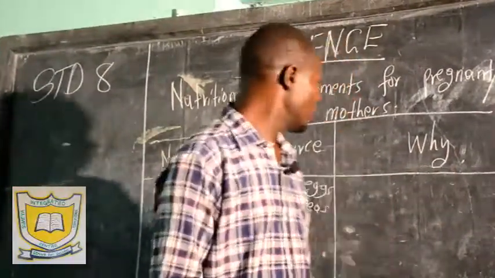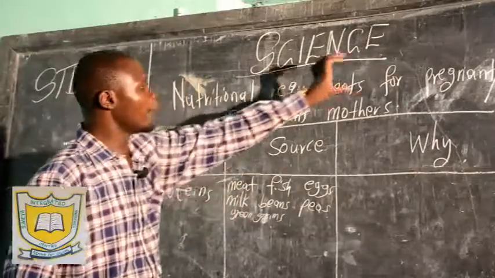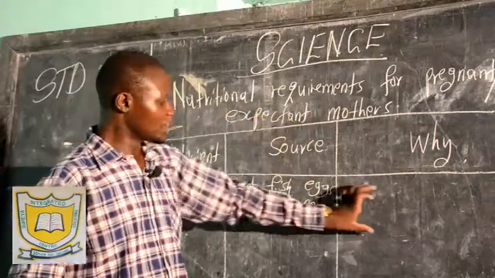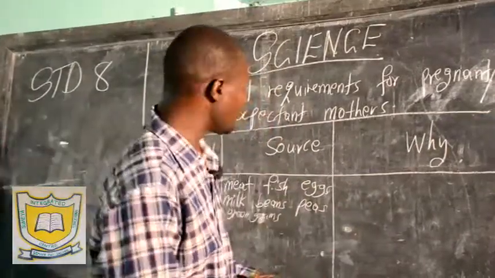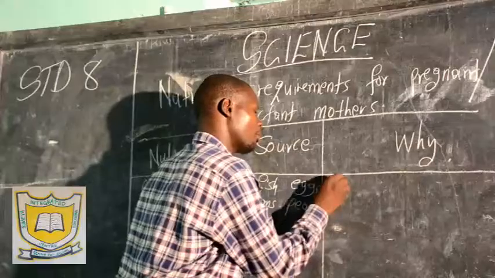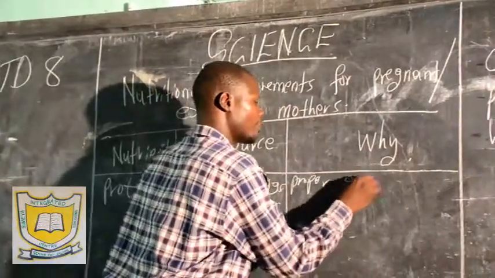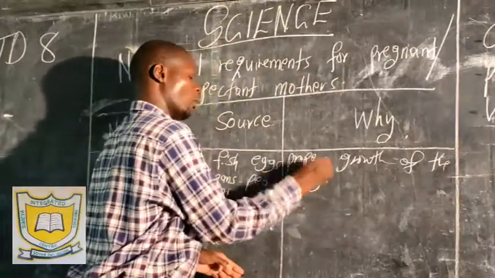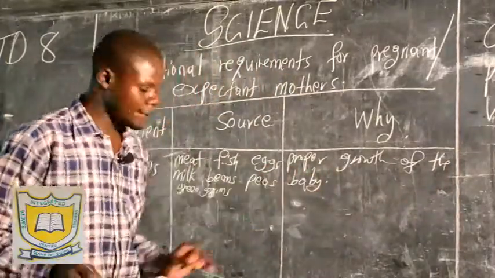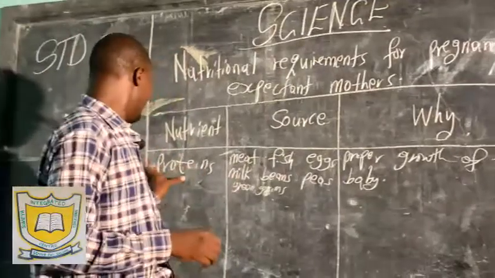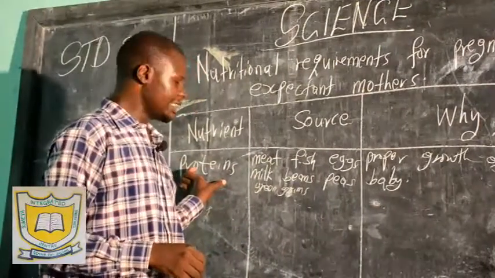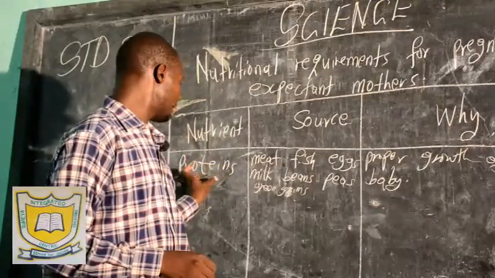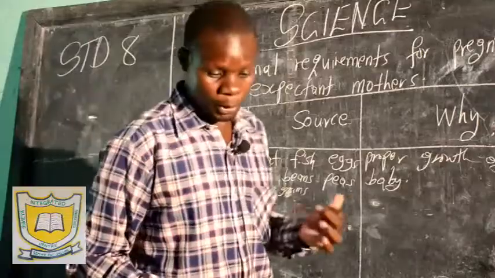Now, why should we provide protein to a pregnant mother? The reason is for the proper growth of the baby. When we say proper growth of the baby, you understand that the main function of protein is building. It is the food that builds the body.